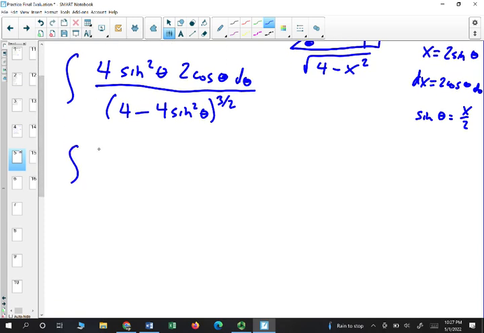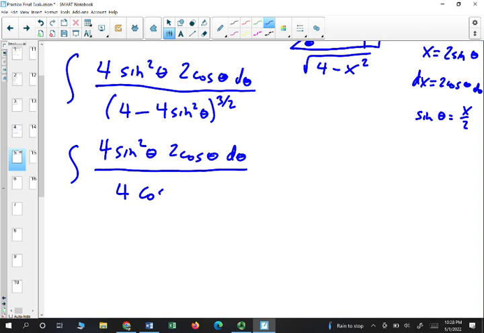Now the 4 we could pull aside, and we know that this 1 minus sine squared will be cosine squared. So we could just go right to 4 cosine squared theta to the 3/2.